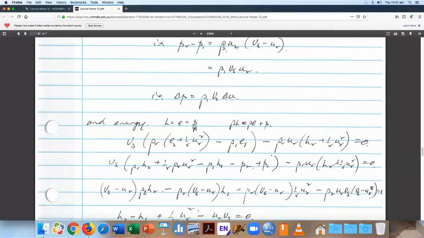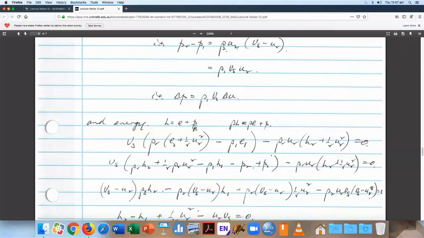So now this is a little tricky because I've got the internal energy here, rho 2 e2 and rho 1 e1. Well, you remember the definition of the enthalpy. The enthalpy H is E plus P over rho by definition.